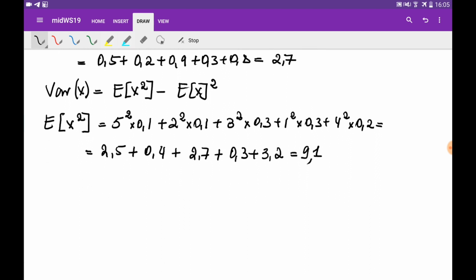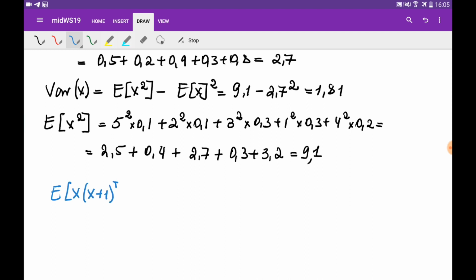So the variance is going to be equal here to 9.1 minus 2.7 in the square, which is equal to 1.81.